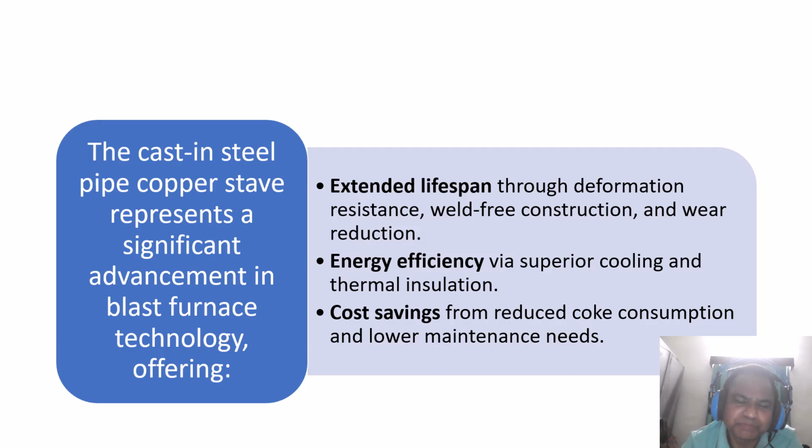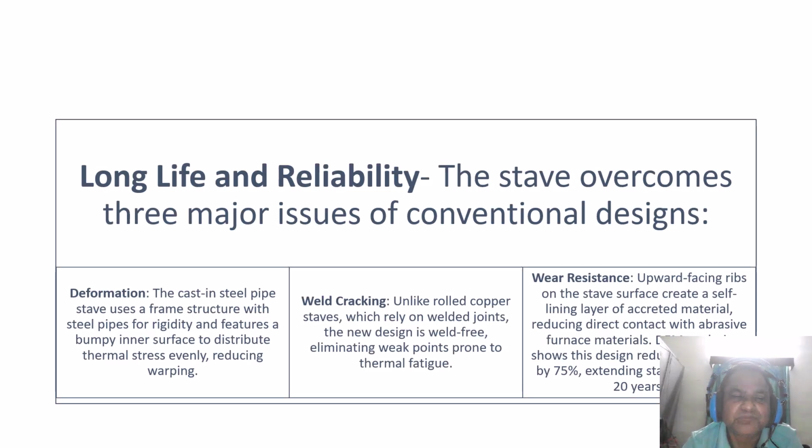So it is suggested that when we go beyond 100 and plus, in order to handle this additional heat load, we need copper staves, which have much better properties compared to cast iron, resulting in extended lifespan, energy efficiency and cost saving also.